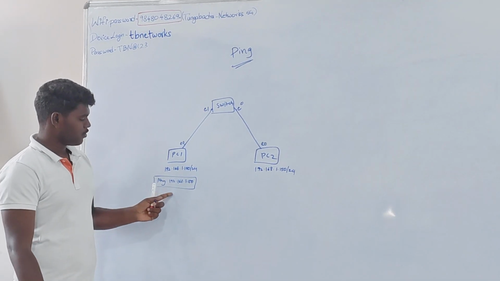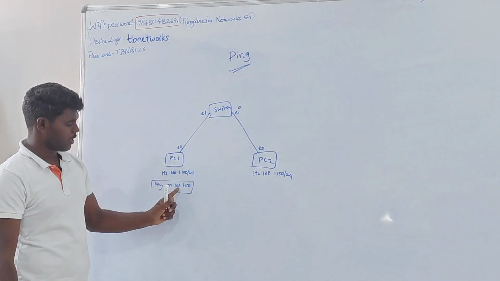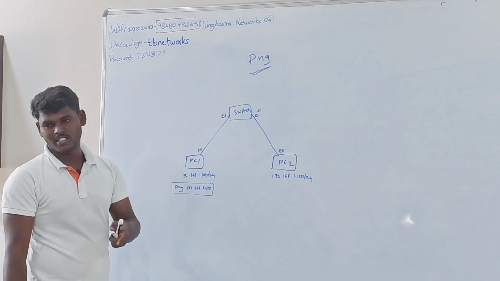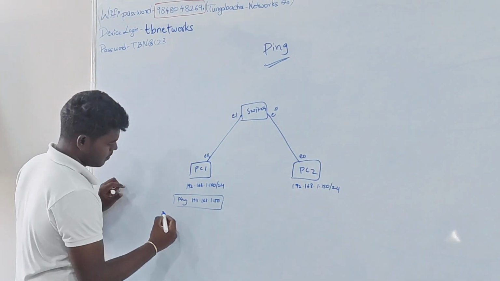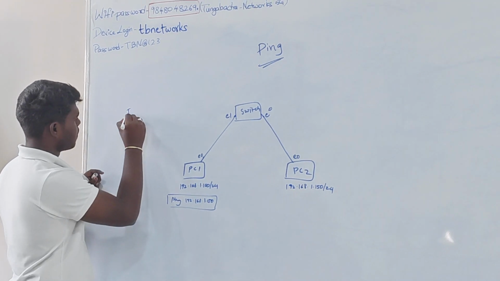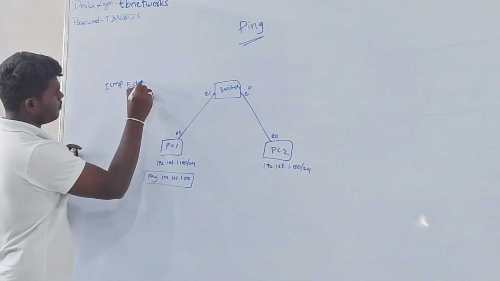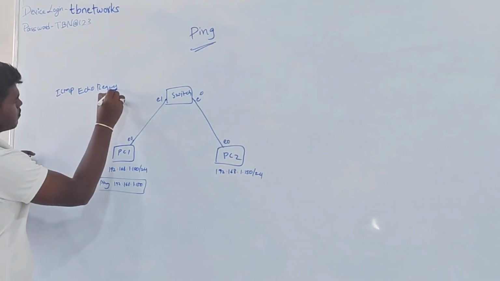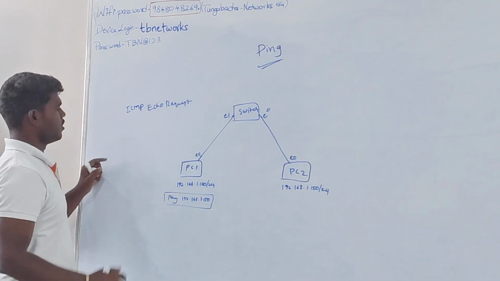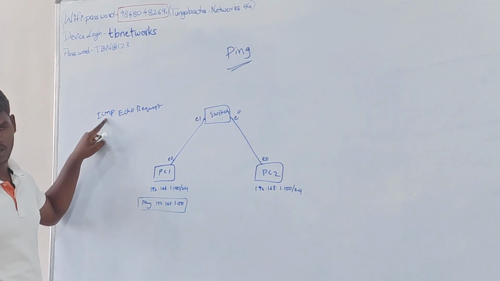Whenever I try to ping this IP address, it will generate an ICMP echo request. ICMP means Internet Control Message Protocol.